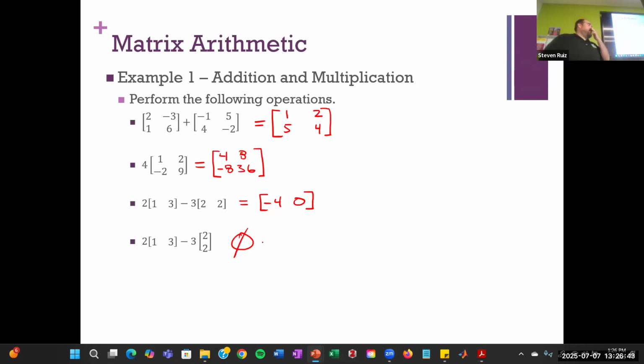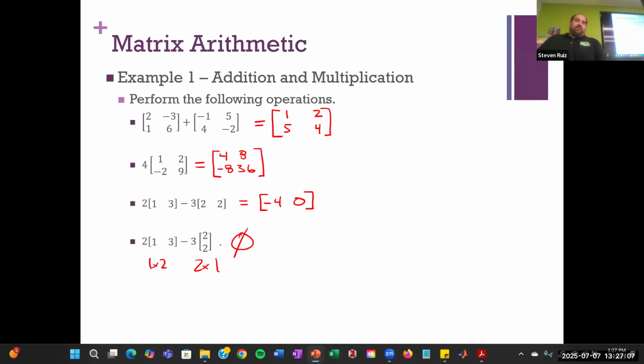Why not? They're not the same order. Yeah, what's the order of 1, 3? 1 by 2. And what's the order of 2, 2? 2 by 1. Okay, so different order. We're saying we can't deal with those at all. Is this something you've done before?